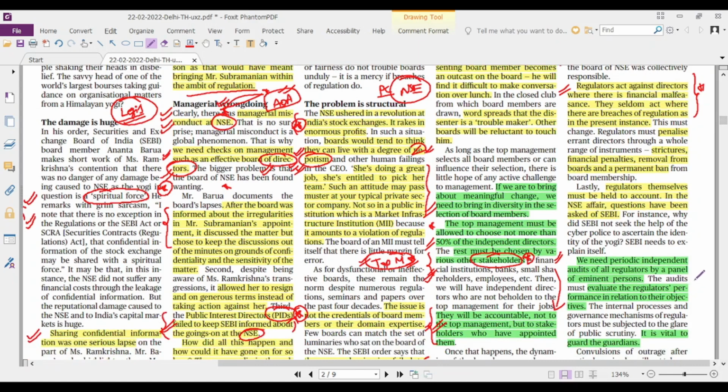Even the regulators like SEBI have to be evaluated based on their given mandate and objectives. It is vital to guard the guardians, because in this case SEBI should have taken more action before itself. Why didn't it do that? Why didn't it try to trace who is that anonymous person? That is why there is a need for a periodic audit of even the regulators.